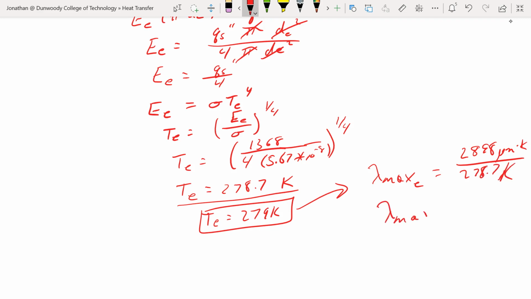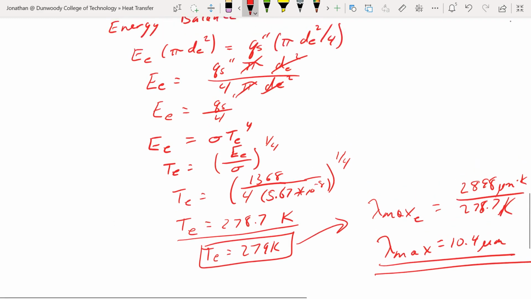Lambda max for the Earth. What is that value? That works out to be just about 10.4 micrometers. So about 20 times the wavelength of the solar radiation incident on the Earth is the radiation leaving the Earth. And so that gets more trapped in the atmosphere, and we see our temperature run up to closer to about 300 or so Kelvin as a global average.